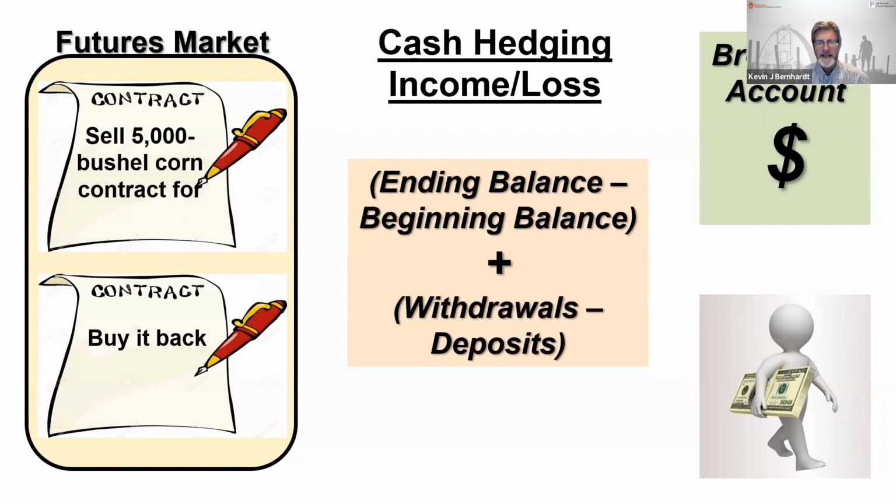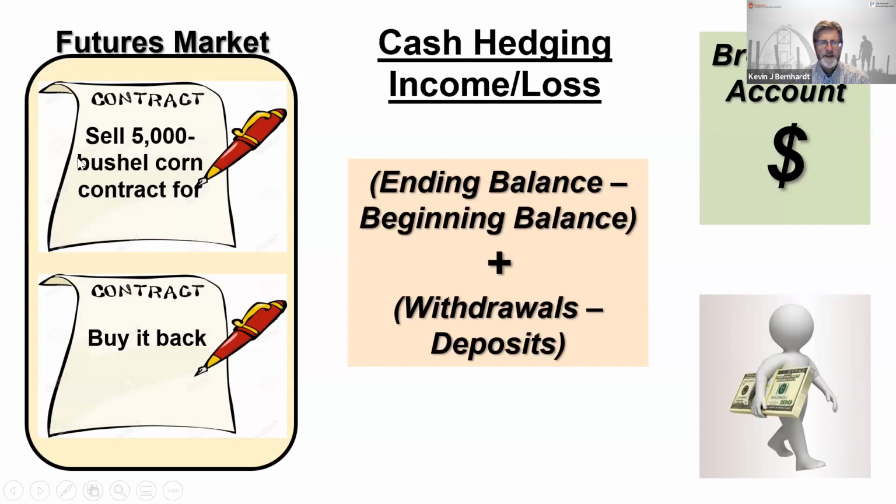And it's the ending balance of the brokerage account minus the beginning balance of the brokerage account, end of the year minus the beginning of the year. And we're going to take whatever that difference is, and we're going to add to it the withdrawals that we have made from that brokerage account minus the deposits that we have put into that brokerage account over the course of the year.